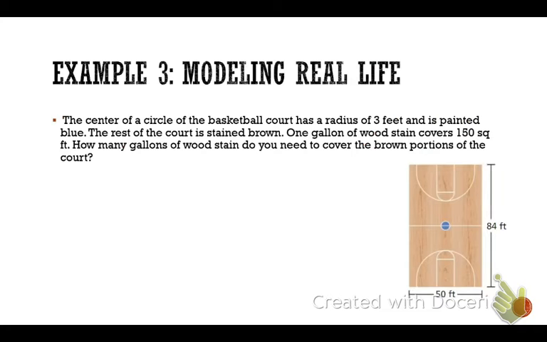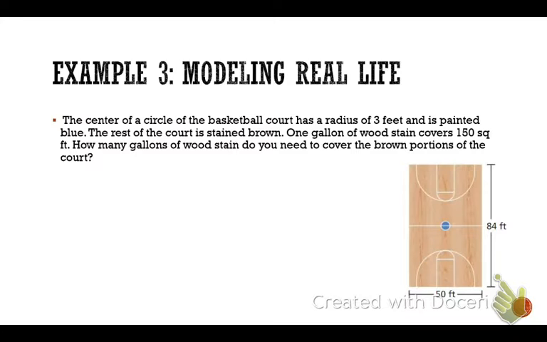All right, so let's look at the basketball court. The center of a circle, that's where they do the jump ball in basketball, of the basketball court. It has a radius of 3 feet and is painted blue. The rest of the court is stained brown. 1 gallon of wood stain covers 150 square feet.